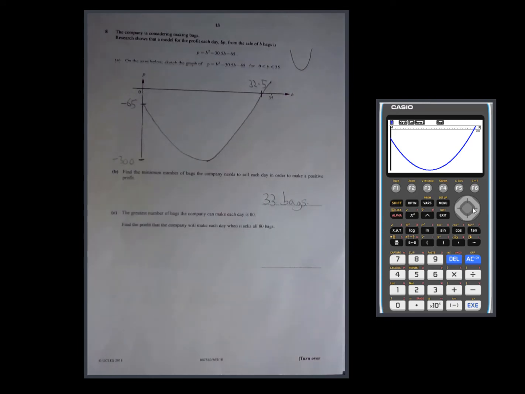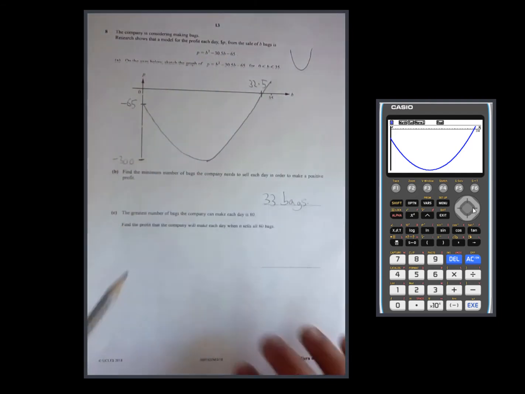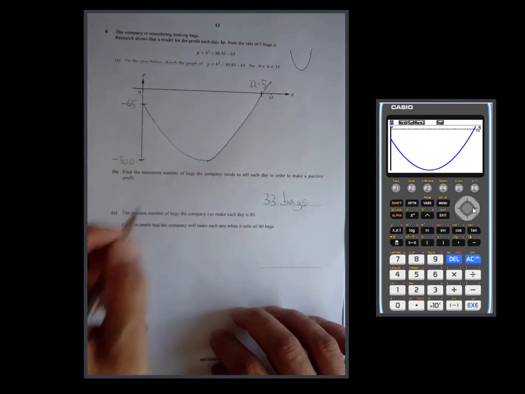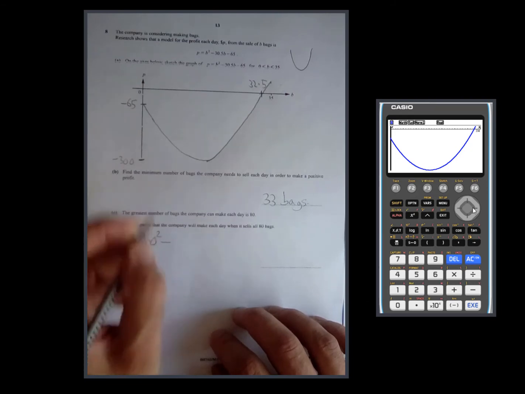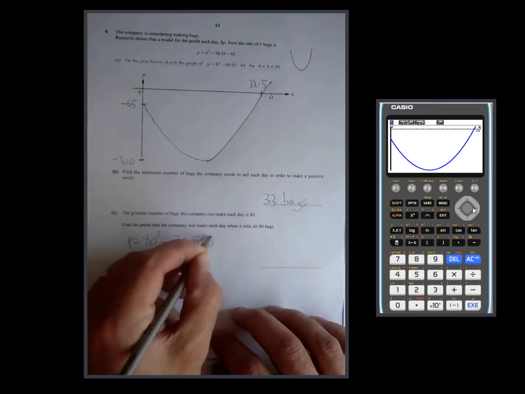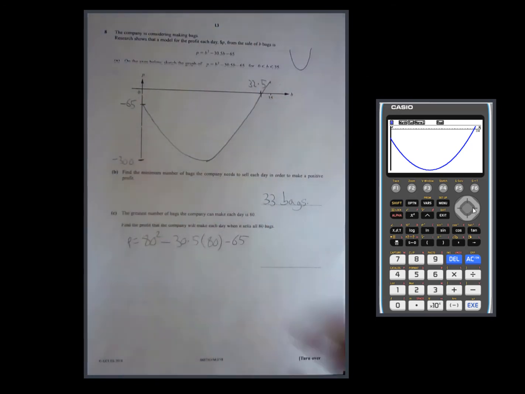So what we're going to do here, I'm going to just plug in B as 80 into here. So if it sells 80 bags, the profit will be, P is going to be, well, it's B squared, B is 80, so 80 squared minus 30.5B, 30.5 times 80, minus 65. And I'm just going to work that out.